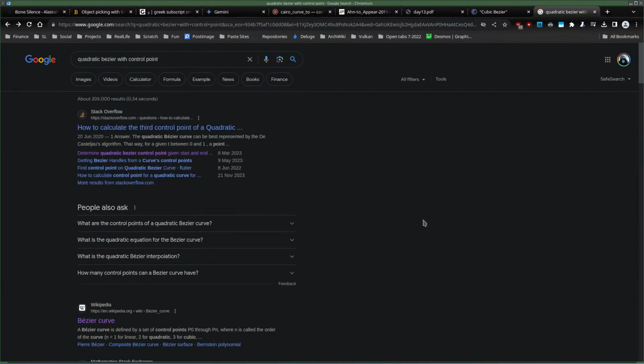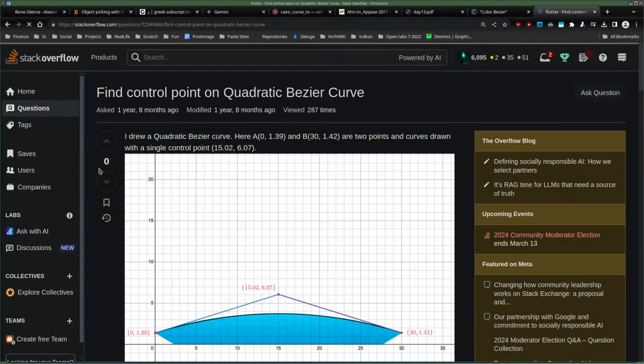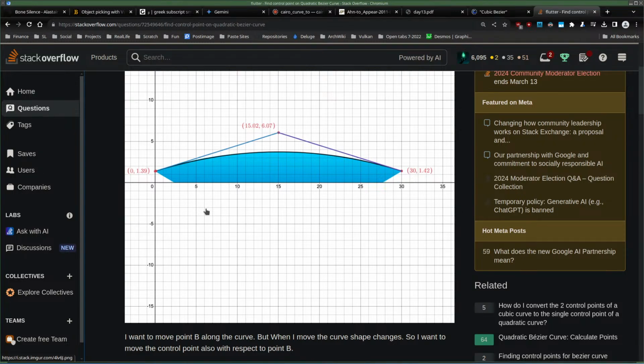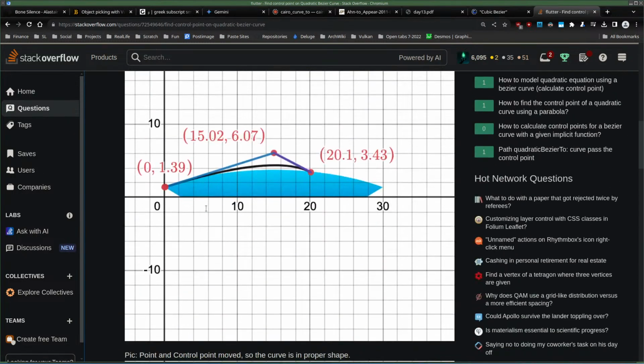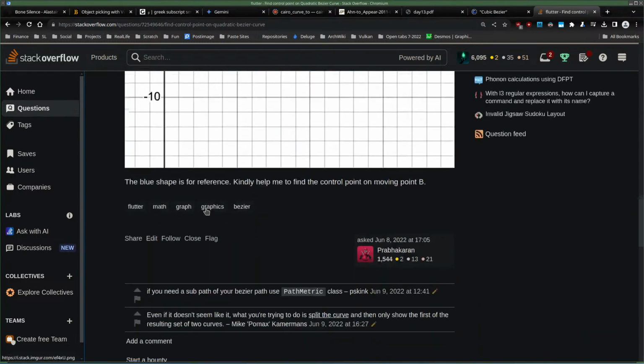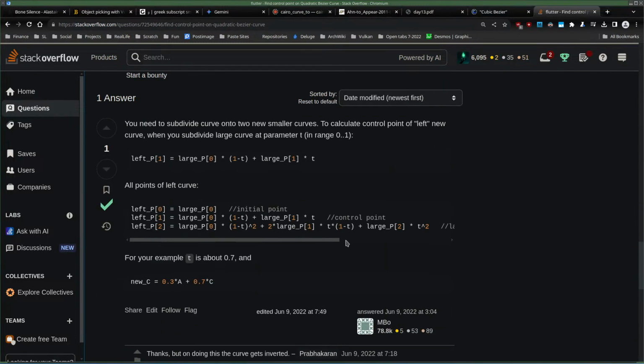Okay, I give up. I'll just do it myself. A few more clicks. It's still no formulas, right? Here's a formula.